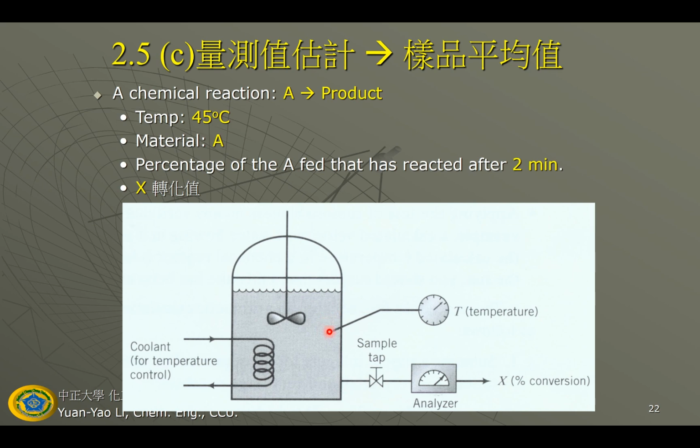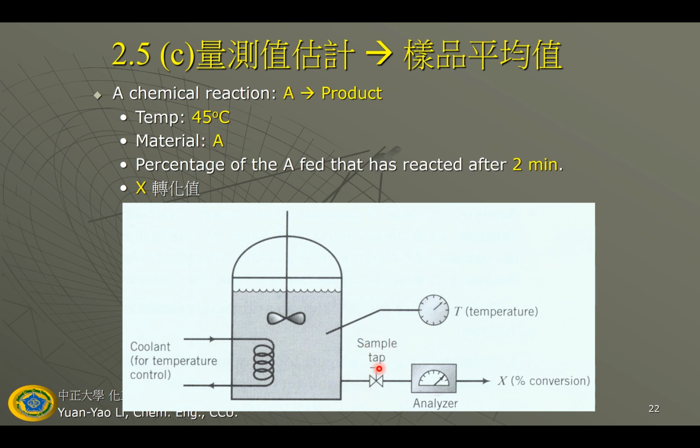You have a temperature meter, which can be a thermocouple, or you have a coolant, because the chemical reaction can increase the temperature. So you have to do the balance. You have to control the temperature at 45 Celsius. This is the sensor. This is a stirrer to mix material A and material B.